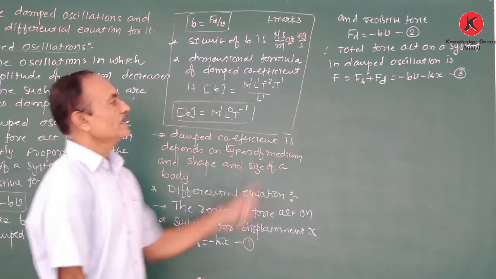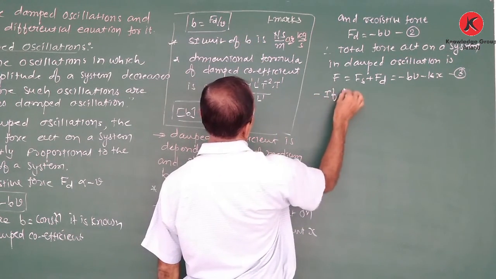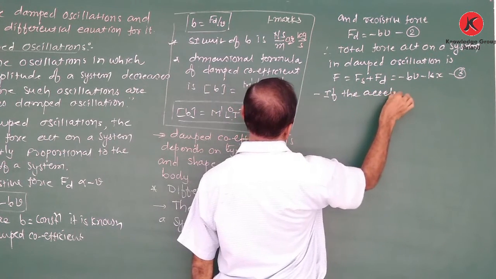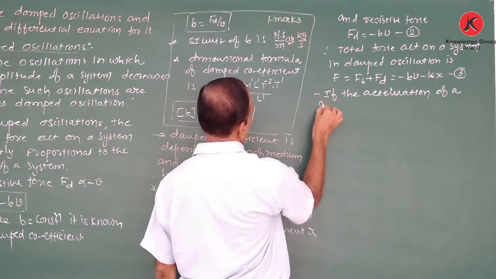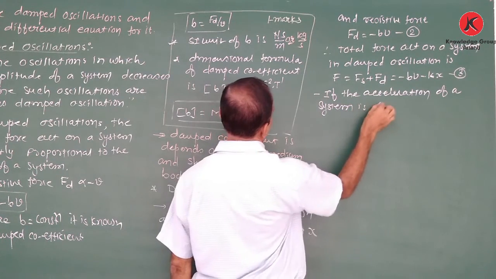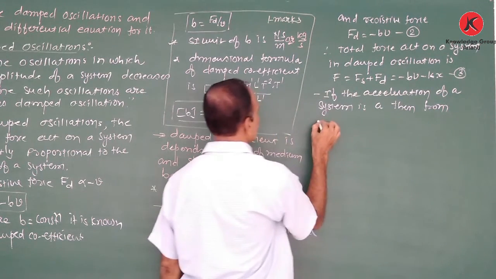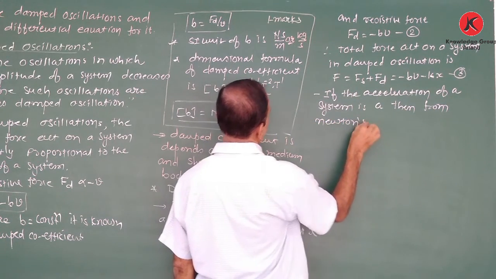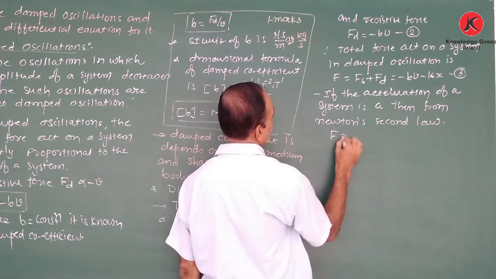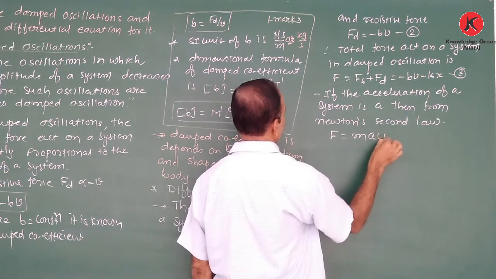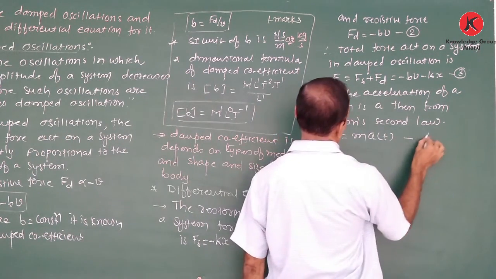If the acceleration of a system is a, then from Newton's second law, F is equal to ma, equation number 4.